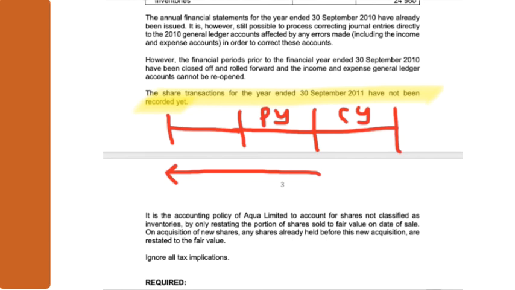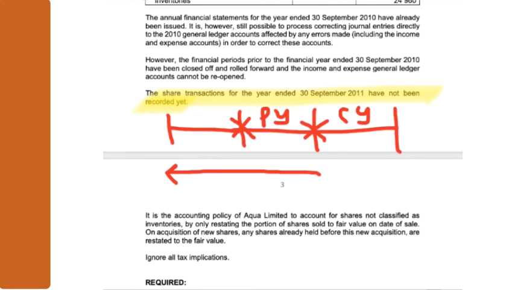So in this example, the first share transaction was only on 1 March 2009. So we don't need to go back further than that. There were no share transactions before that. So it affects our year ended 30 September 2009, 30 September 2010. So we need to go back and fix those financial statements. Fix the financial statements issued in 2009. Fix the financial statements issued in 2010.